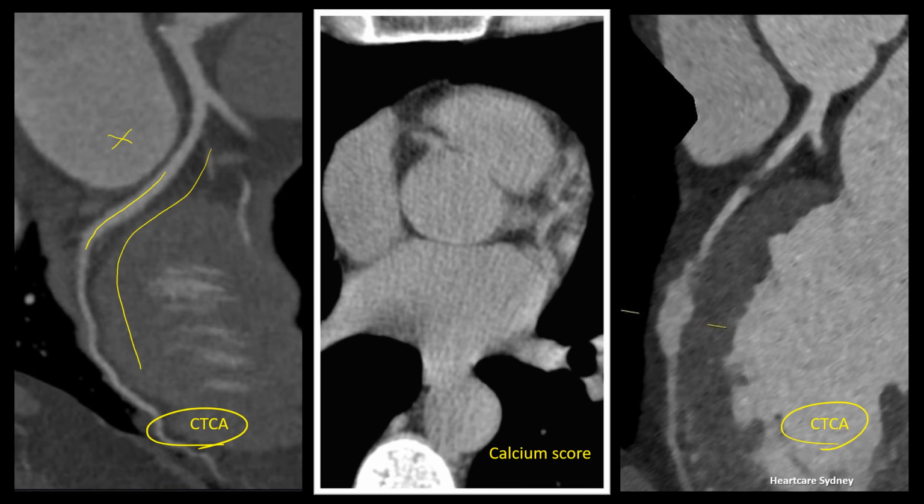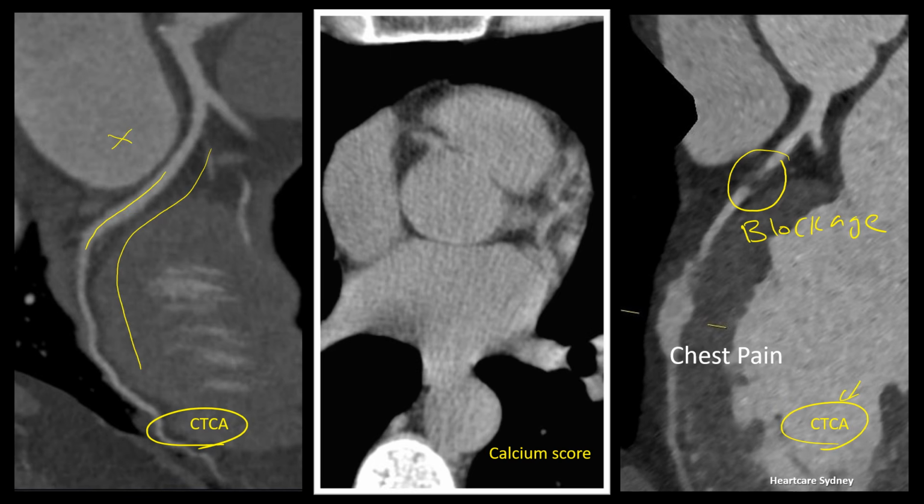In this CT coronary angiogram, if we look at this area of the artery, we can see there is a severe blockage. This blockage is the cause of the chest pain. This person has presented with chest pain, and that's why this CT coronary angiogram was done.